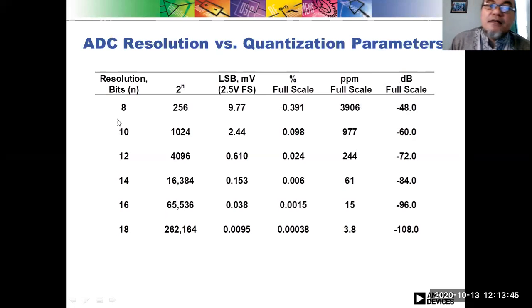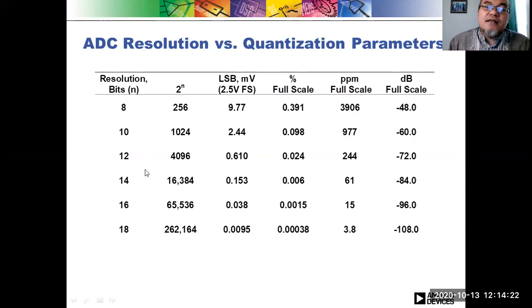But when our resolution is increased, let's say to 10 bits, then the number of levels will be 1024. The least significant bit will be 2.44 millivolt. Where does it come from? 2.5 volt divided by 1024 is 2.44. This is then 0.098% of the full scale, or 977 ppm, or minus 60 decibel from the full scale.